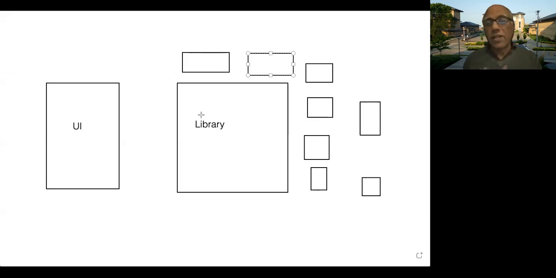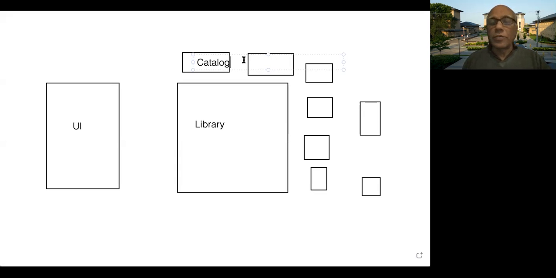Besides the library, there are a number of other class objects also. The library is a singleton. There is only one instance of it. The UI is a singleton. And we also have here maybe the catalog object, which is also a singleton. Actually, in the implementation, it is not. So it doesn't matter. There is only one catalog in any case.